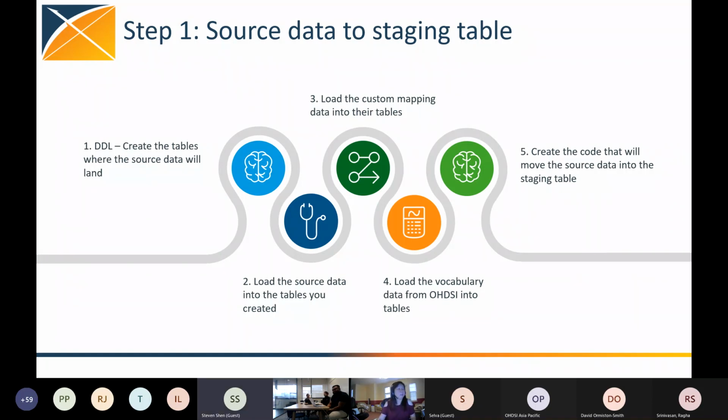But when I download the vocabulary, there is separate data called concept and concept CPT. Should we combine them first, or can I use it directly? I cannot see a vocabulary table called concept CPT.